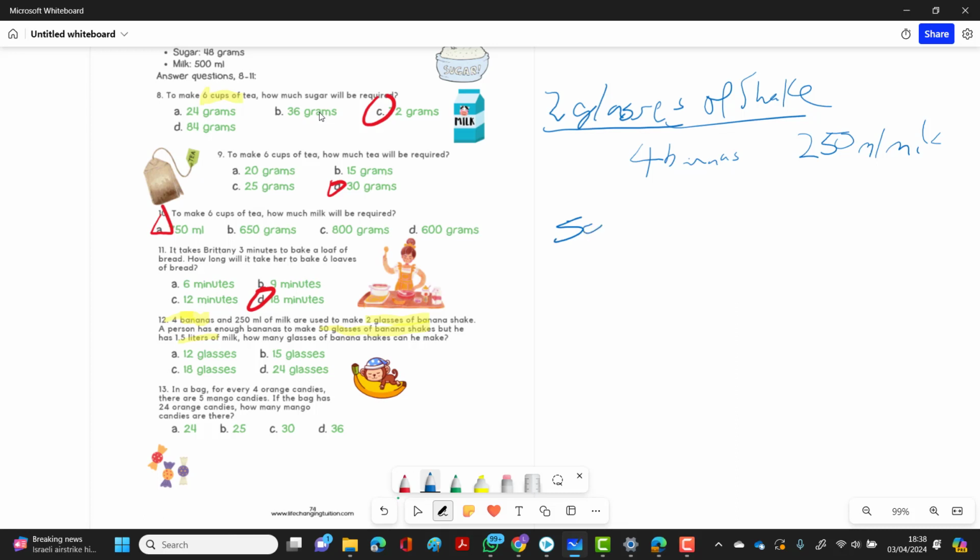So 50 glasses. Let's do a different colour to make it easier. So 50.